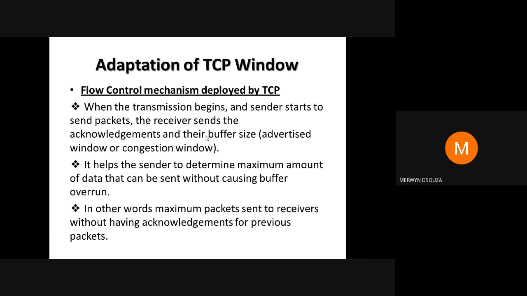It can send that many packets without having to wait for the acknowledgements of previous packets, that is, the number of packets equal to the window size. So it will send the packets and then it will wait. Once the window size has been hit, it will stop the transmission and wait for the acknowledgements.